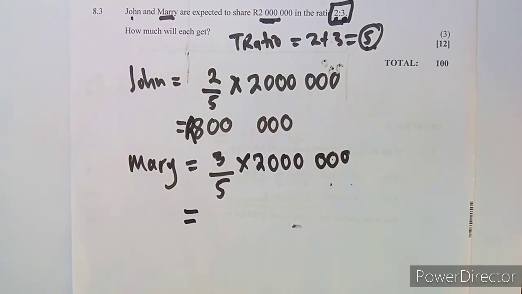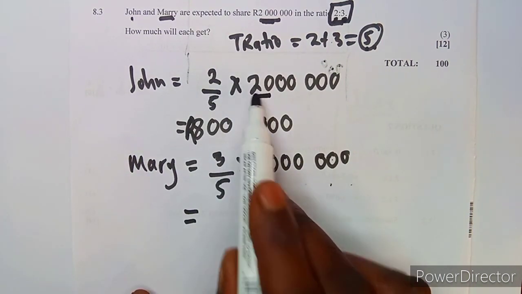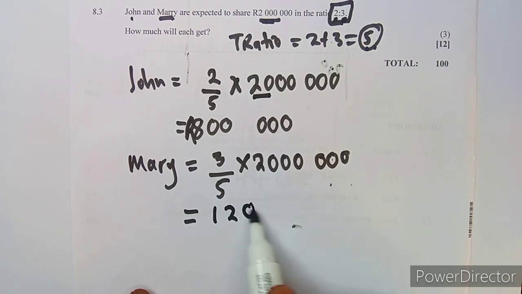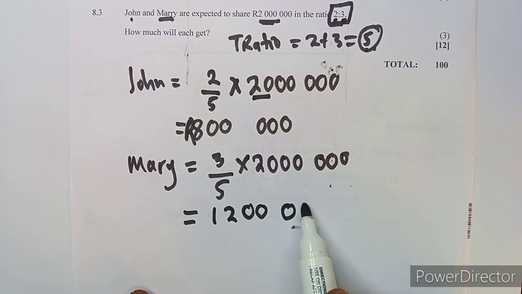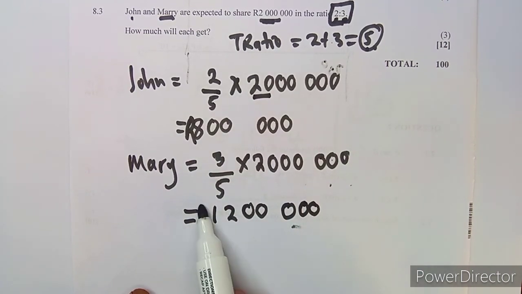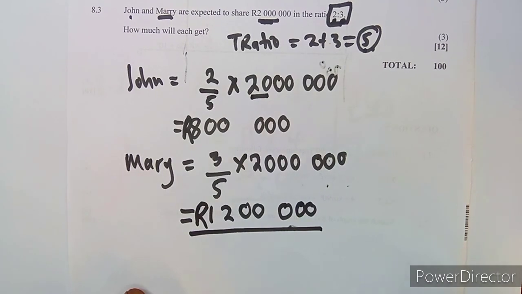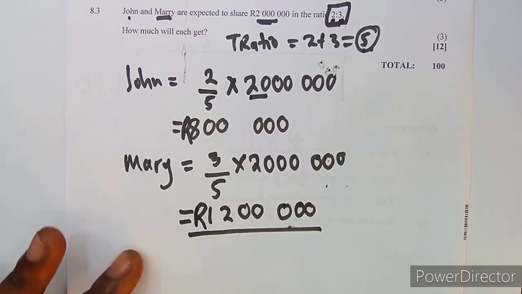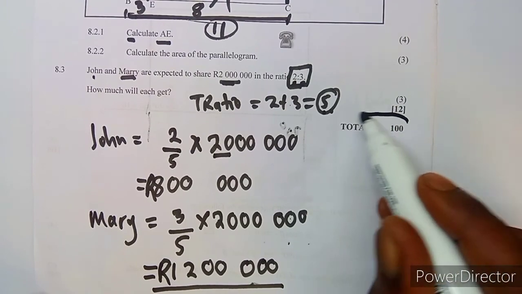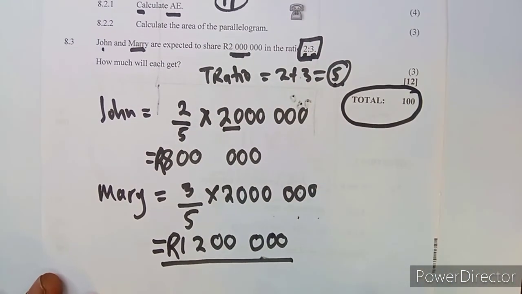Using our calculator again, you are going to obtain 12 here, which is 1,200,000. It makes sense. So this is the amount that Mary is going to have. It's just a matter of you applying and using your calculator, and you got 3 marks for that, guys. So that's it, making a total of 100 from this question paper.